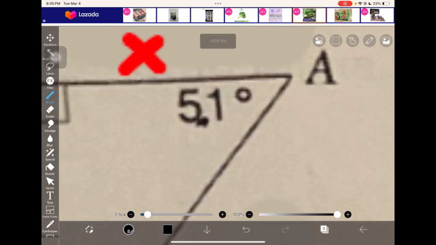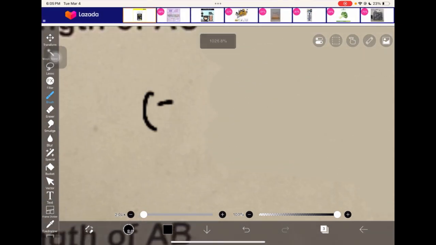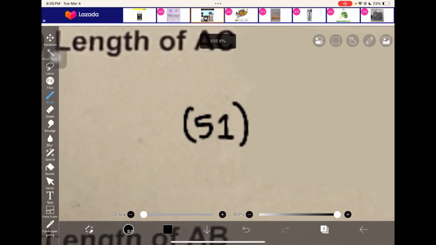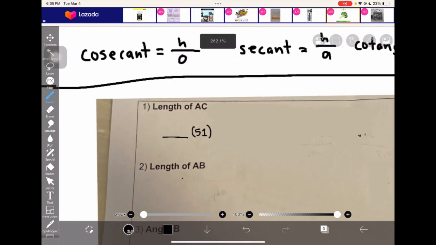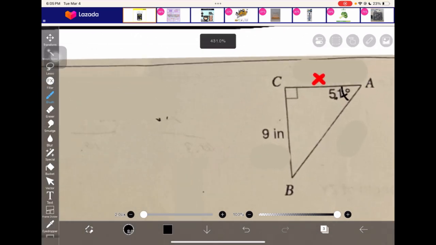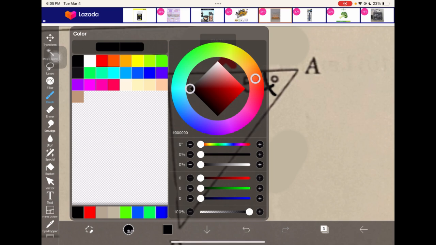So we have 51 degrees, and that is what we call our theta. First and foremost, we put 51 degrees over here. Now, over here in this blank spot, we're going to either write sine, cosine, or tangent, or sin, cos, or tan, based on what we think is appropriate. Let's try to figure this out.